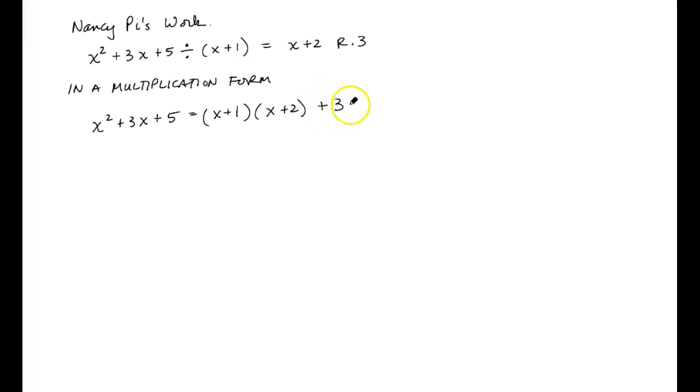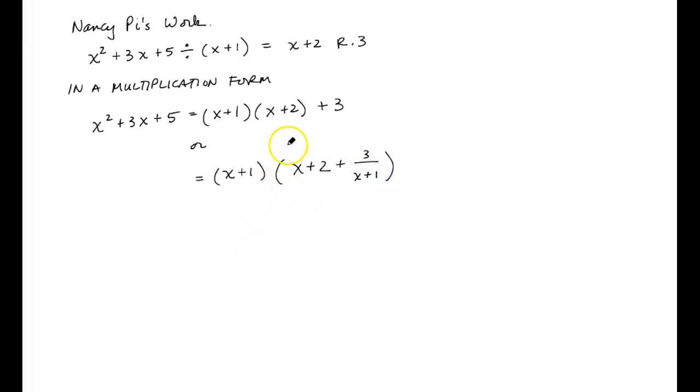So this is the remainder, and we just add it to the multiplication of the divisor and the quotient. Or we could write it as x plus 1 times x plus 2 plus 3 divided by the divisor.